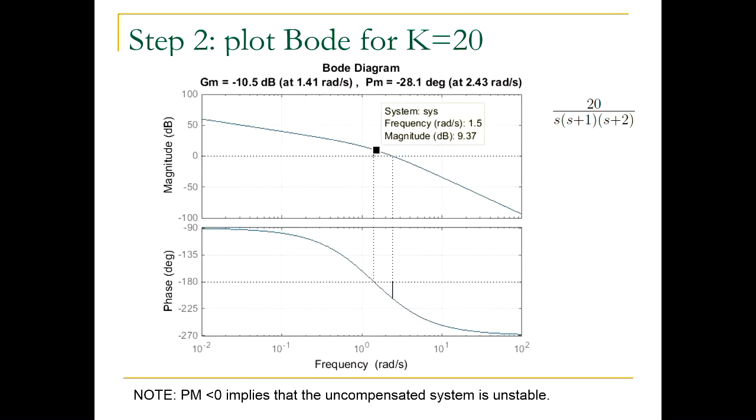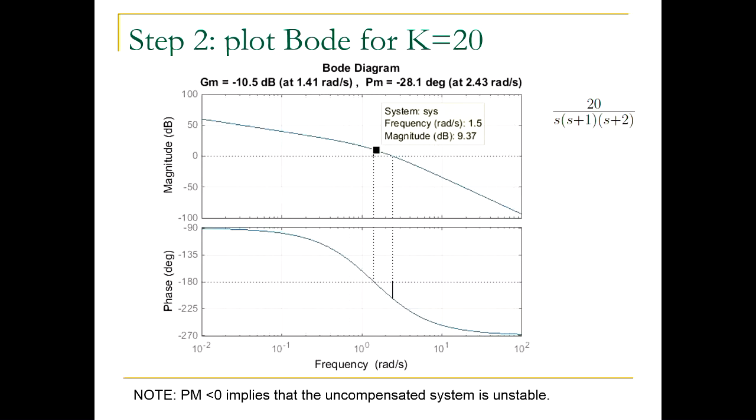So what we really want is to increase the phase margin and gain margin. We need to fix what's happening around this region. The first thing Ogata suggests is that you need to pick where you want the frequency of the compensated system to be.